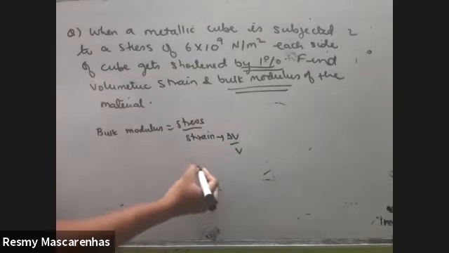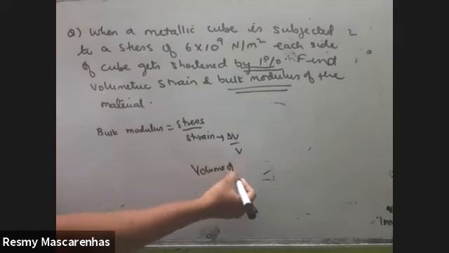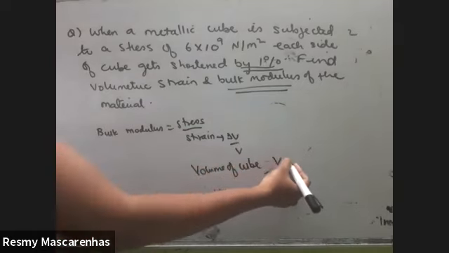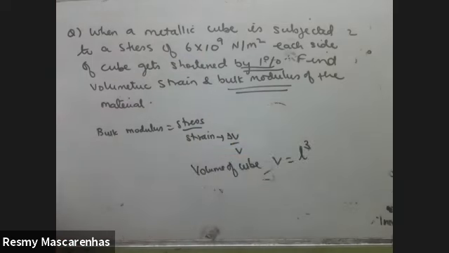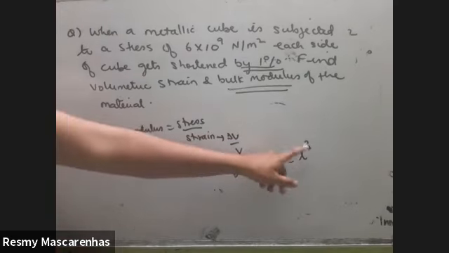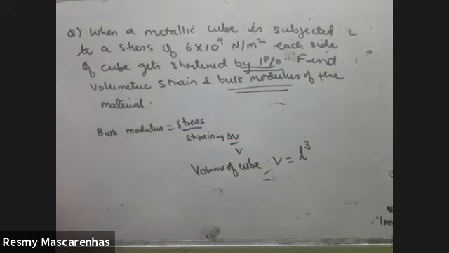So what is the volume of a cube? L cube, length into length into length. Because for a cuboid, it is length into breadth into height. But for a cube, all the sides are equal. So if one of the sides is L, the sides will be L, the height also, so L cube.